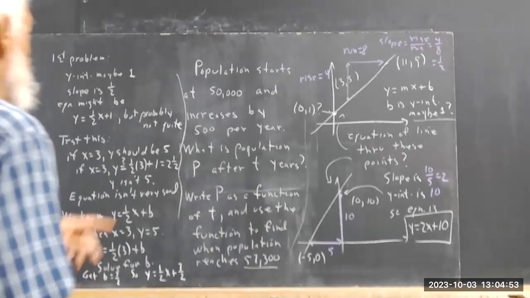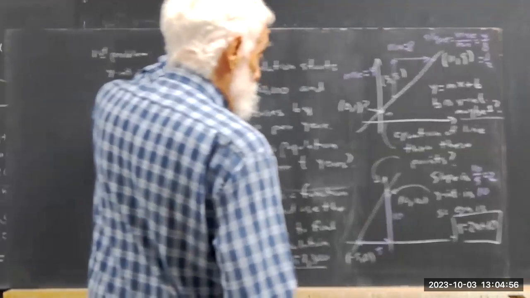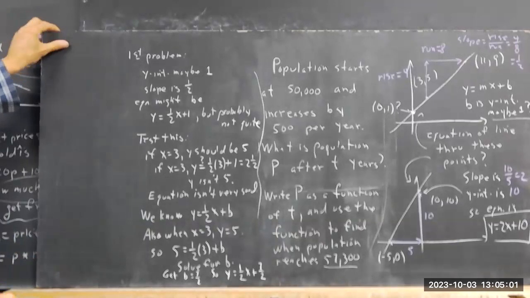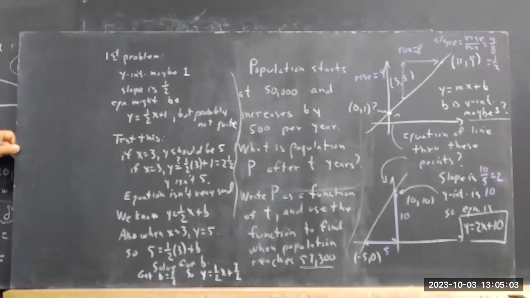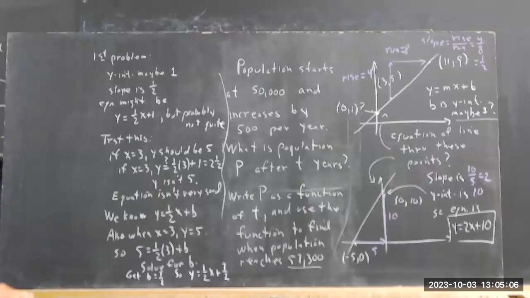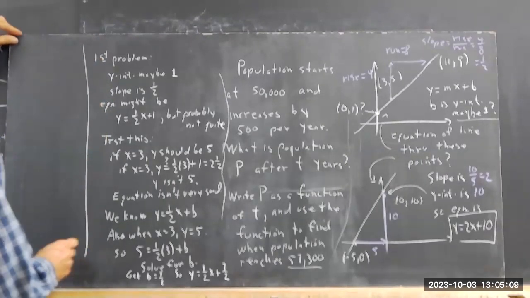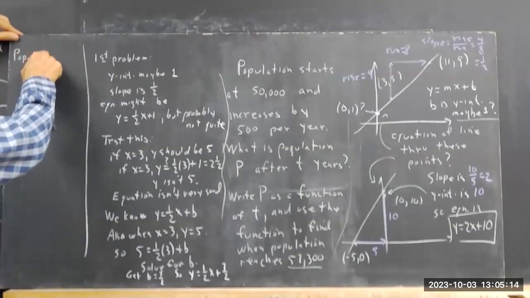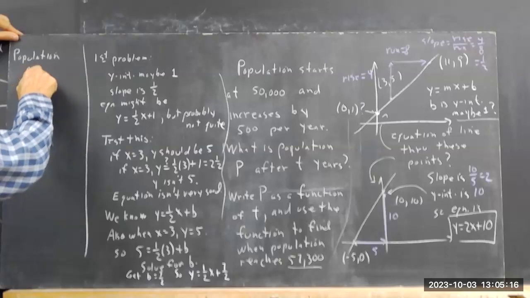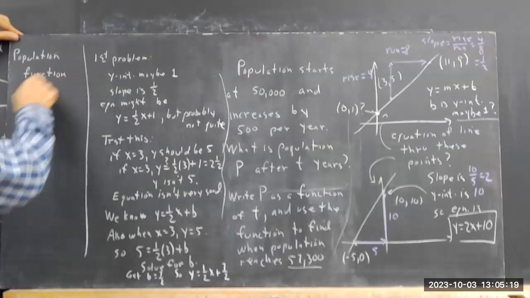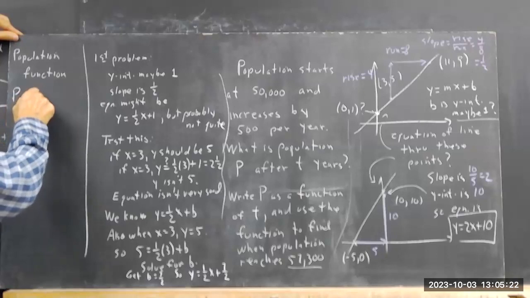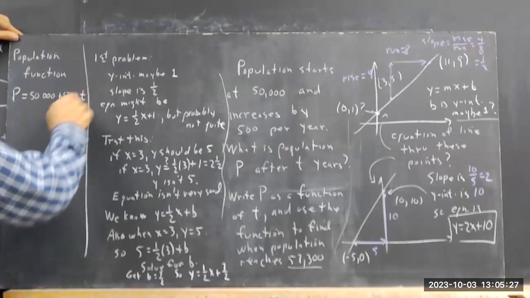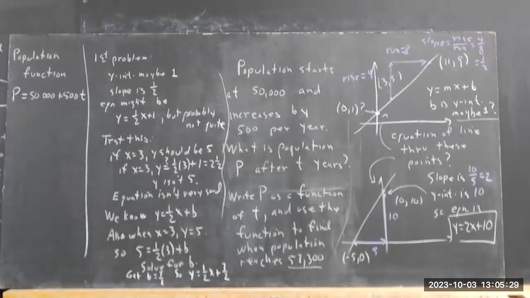Okay, now what about this with the population? Well, it did a nice job. Almost everybody had a good population function written down. $50,000 plus 500 t.